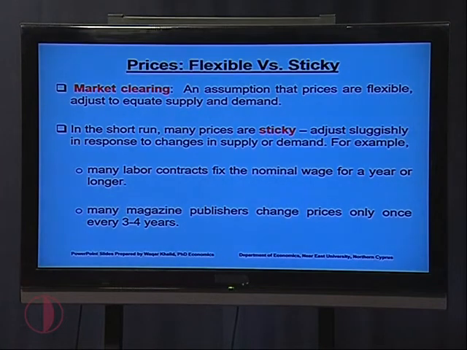Because in this example, nominal wages are sticky. Similarly, many magazine publishers change prices only once every three or four years. So magazine publishers change their prices after three years, or four years, or maybe five years. So prices are sticky.